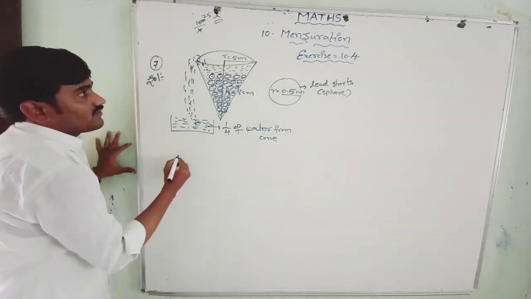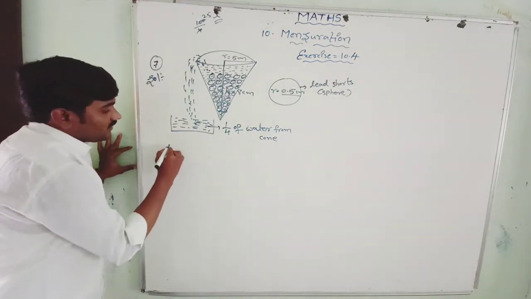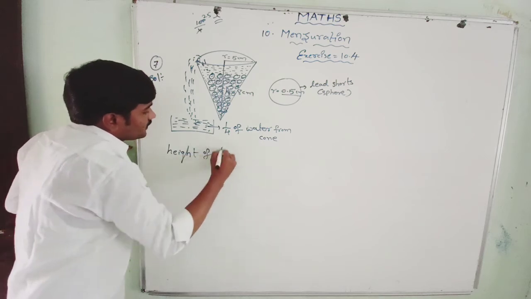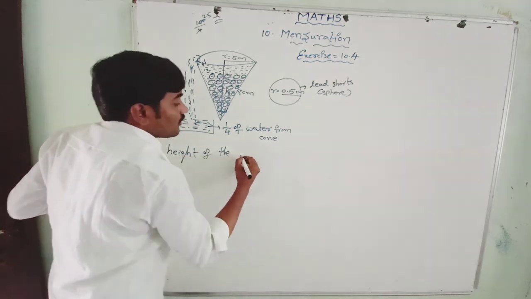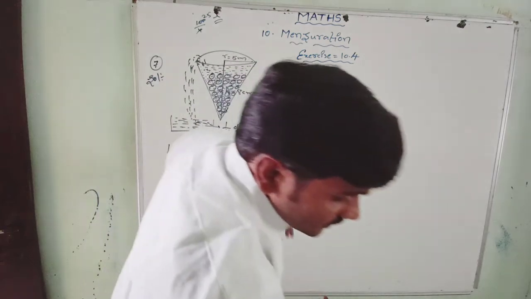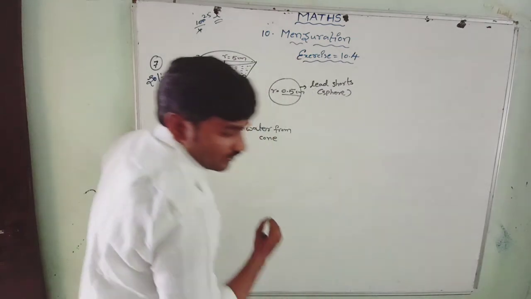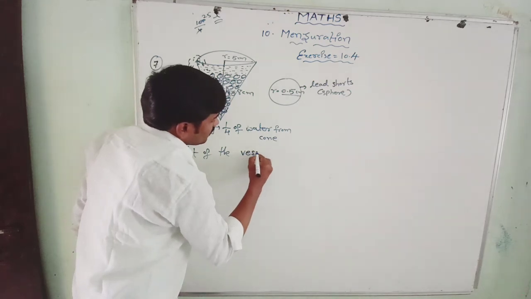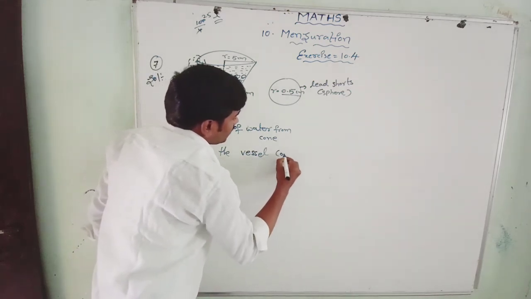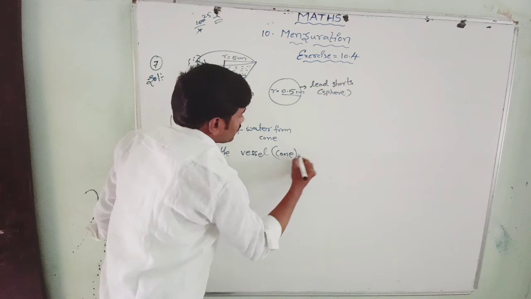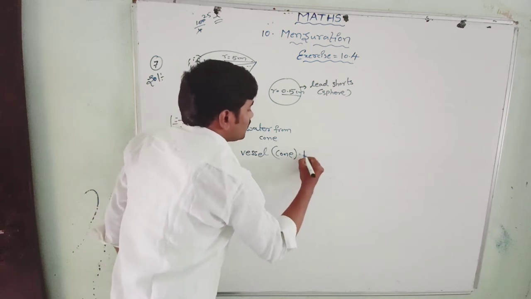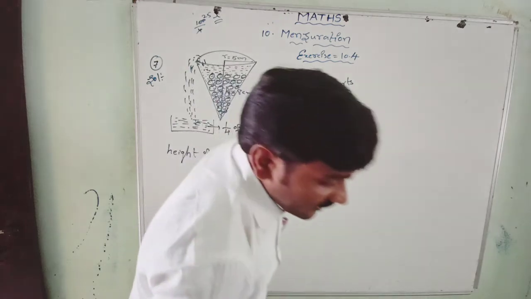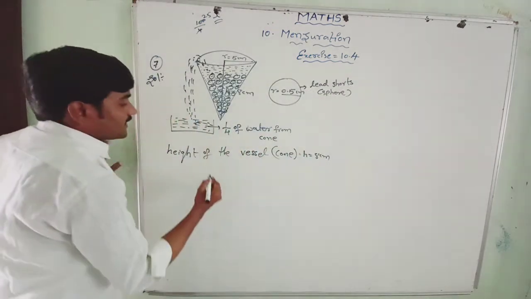Let us know what is given first. The height of the vessel, a conical vessel, a vessel in the shape of a cone, that is h equal to 8 centimeters.